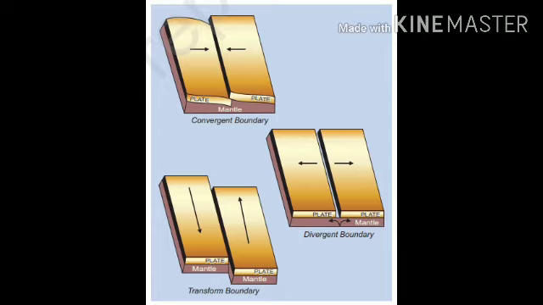A convergent boundary is formed when two tectonic plates come toward each other, under which one plate subsides under the other plate. While at a divergent boundary, after collision, the plates move to different sides. And as you can see, this is the convergent boundary in which one tectonic plate goes under the other, and that causes the folding and formation of the Himalaya.